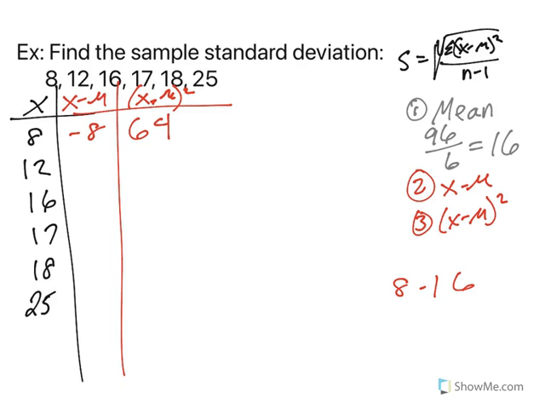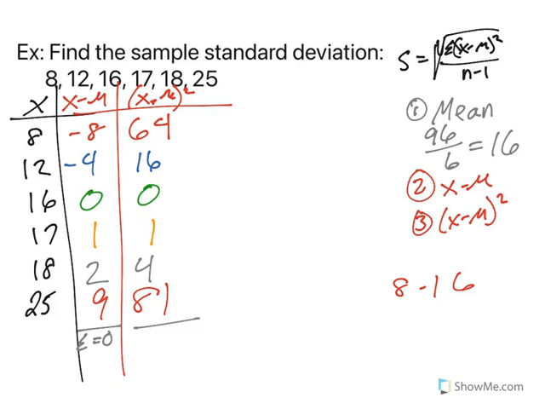So it's just nice and easy right across. 12 minus 16 is negative 4, squared is 16. 16 minus 16 is 0, squared is 0. Then 1 and 1, 2 and 4, and lastly 9 and 81. You can always double check that your deviation sum is 0. And then remember, our fourth step is to sum the x minus mu squared column.